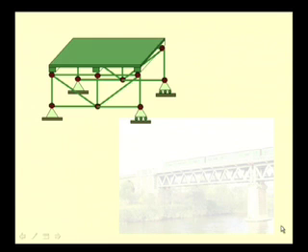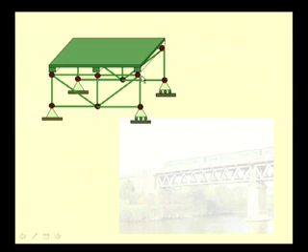Let us see this example a little more clearly. This picture shows a part of the bridge. So, this is the bridge platform which is supported by beams, and these beams are supported by the trusses.